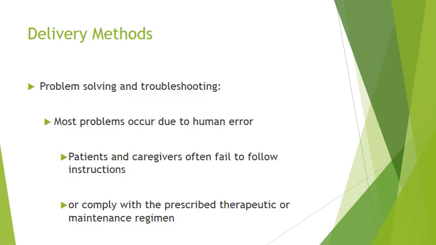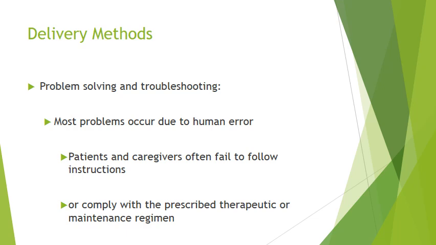This next section, I'm going to cover problem solving and troubleshooting with the different types of oxygen devices. Most problems that occur with the devices are due to human error. So it's always important to make sure that the patient and caregivers fully understand what they're using and how it works. Have them do return demonstration.